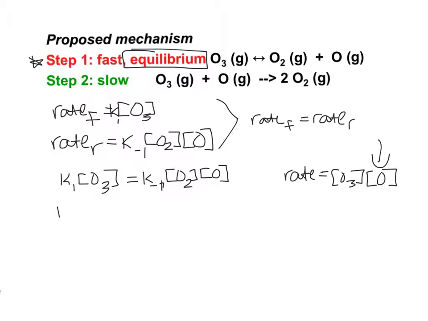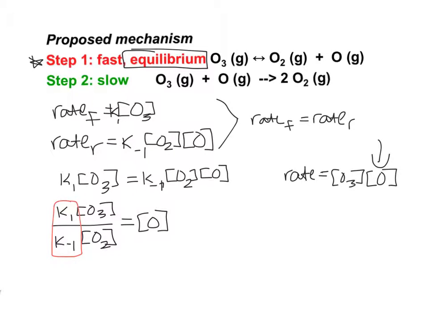So now I'll have K1 O3 over K negative 1 O2 equals concentration of O.